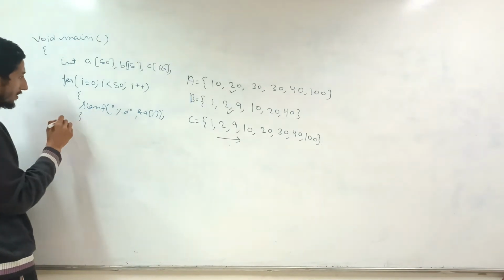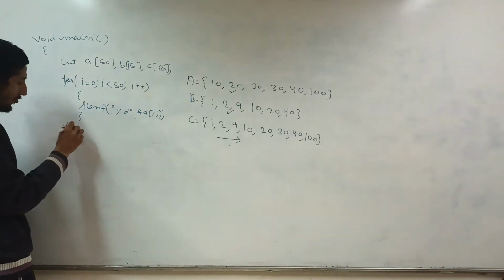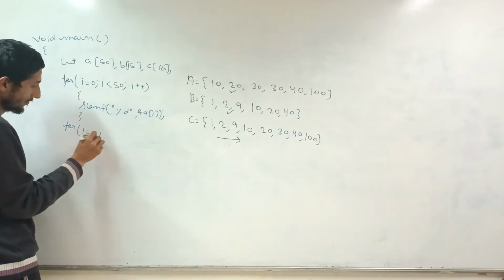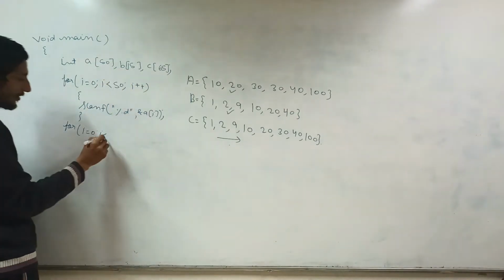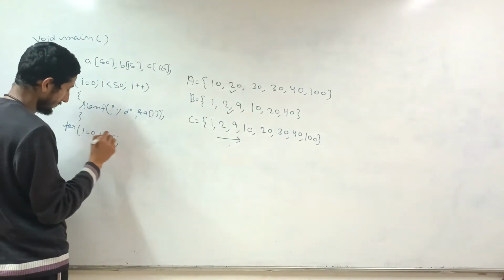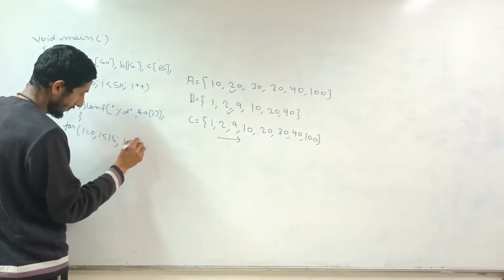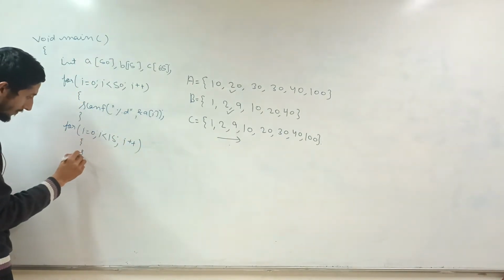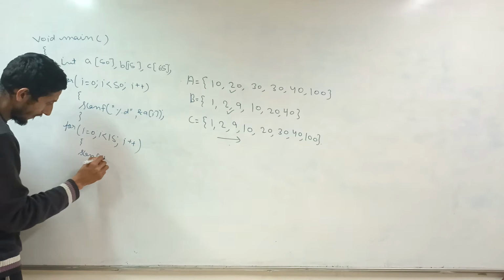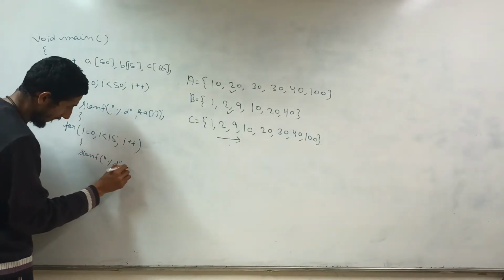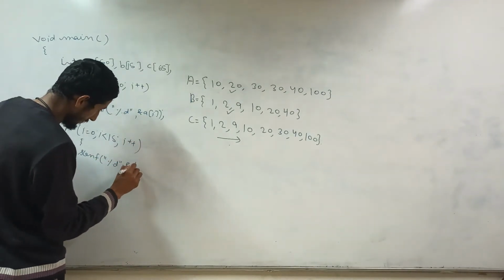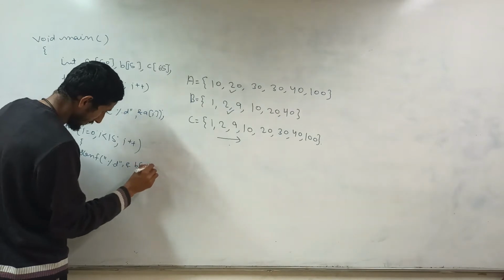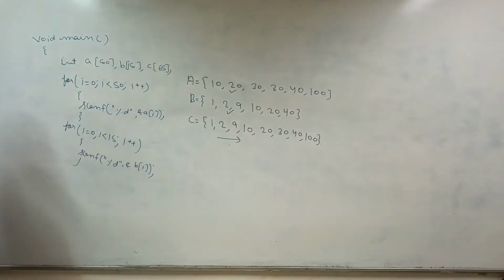Then let me put one more loop. This time it will iterate till 15. Scanf. I have input array A as well as array B.